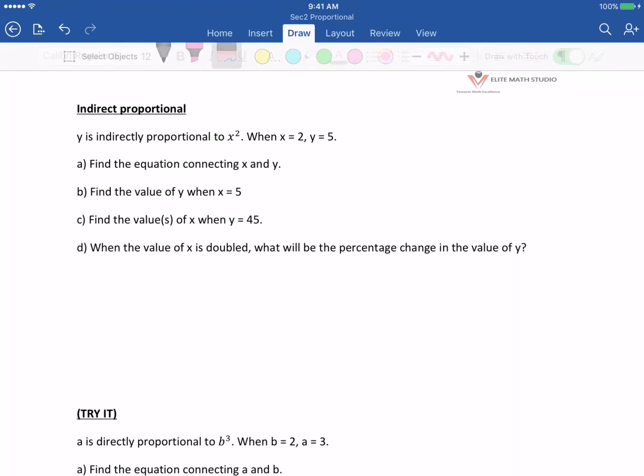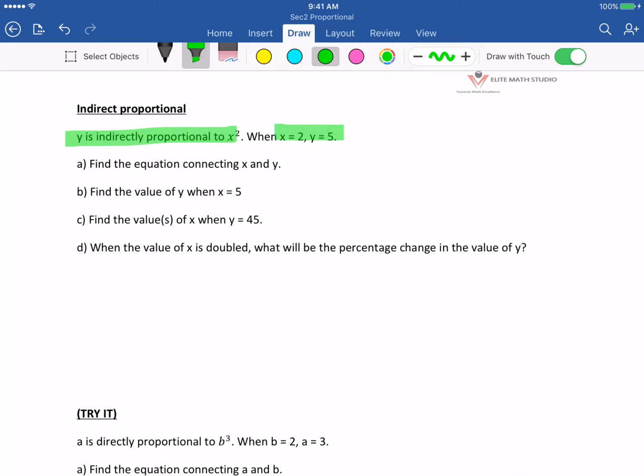Okay, this one. Given that y is indirectly proportional to x squared, when x equals 2, y equals 5, find me the equation connecting x and y. So since the question says it's indirectly proportional, write y equals k over x squared. When x equals 2, y equals 5, so substitute in: 5 equals k over 2 squared.